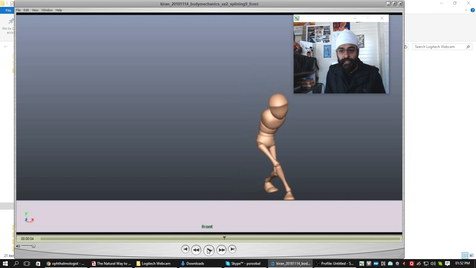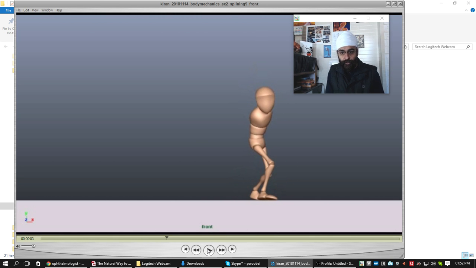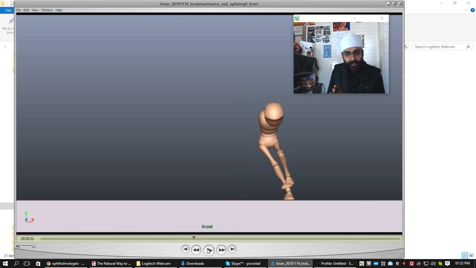The character is falling from his left side towards the right side, and the fall towards the right forces the character to move still further to the right side.